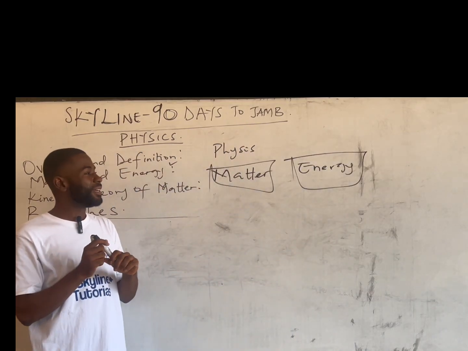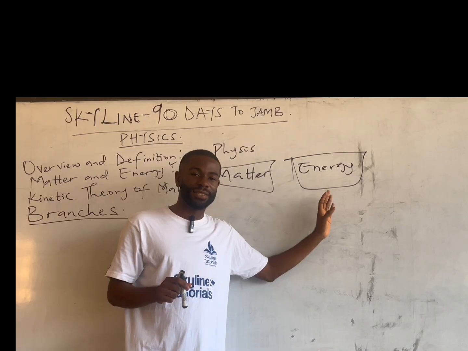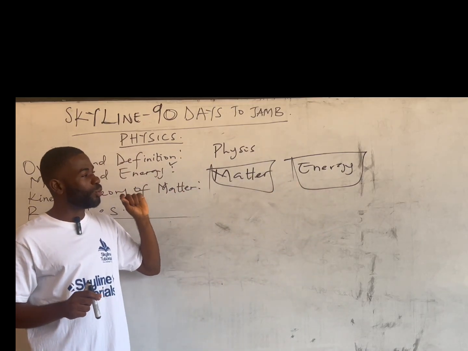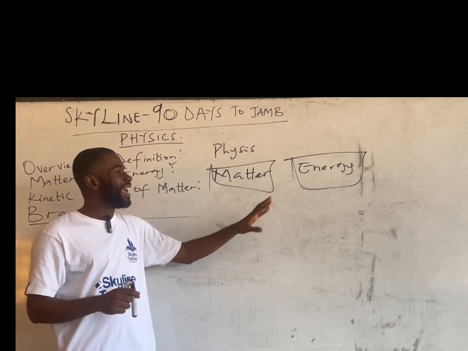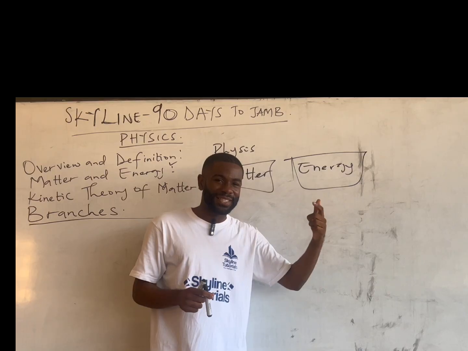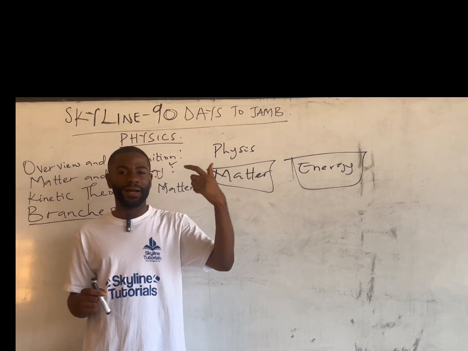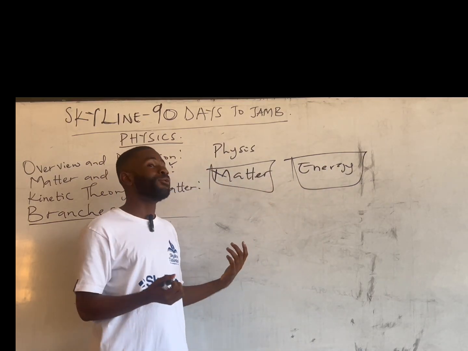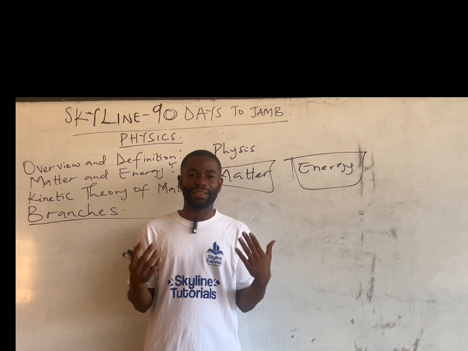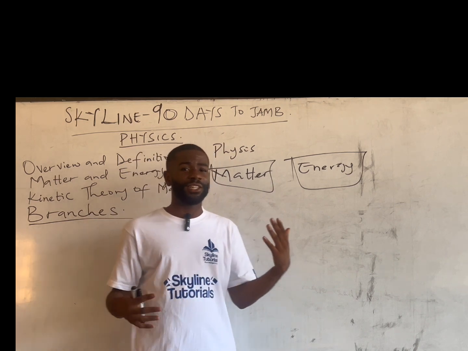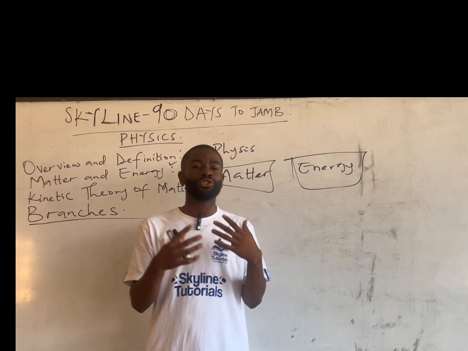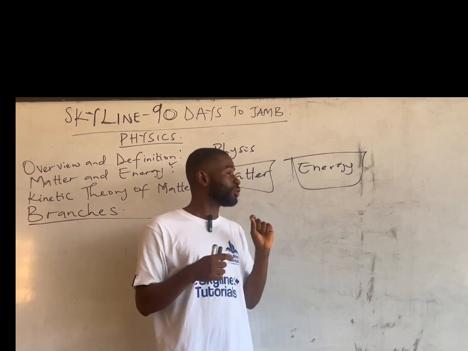Another terminology that is considered in the study of physics is energy. Energy is defined as the ability or capacity to do work. Note that energy does not occupy space, energy does not have mass. For example, there are rays of light here, but irrespective of this radiation, it cannot obstruct my movement.